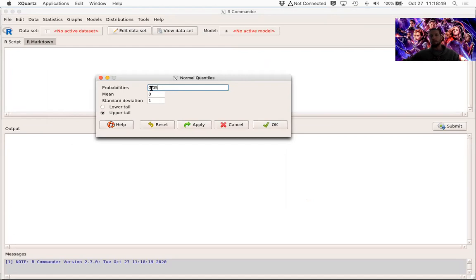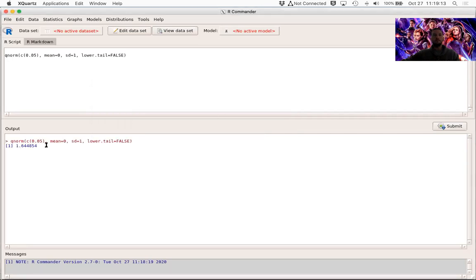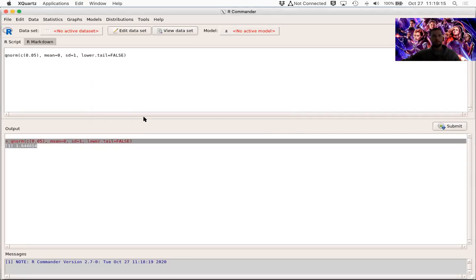So we can do 0.05 and click upper tail, or we can do 0.95 and click lower tail. That will give us the same result. With confidence intervals, we're always working with area to the right. So we're always working with upper tail value. So this would be a more direct way of computing the value based off of the actual form of the z-score. So we click OK, and we end up with the following.